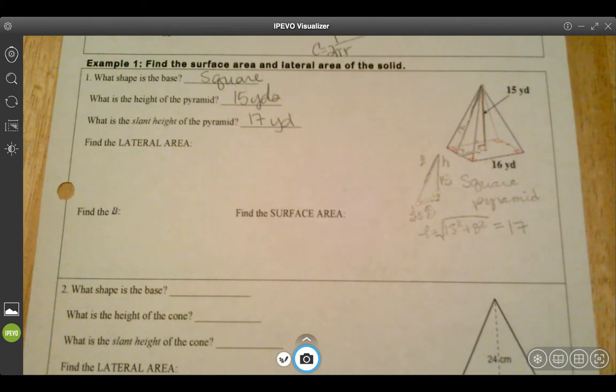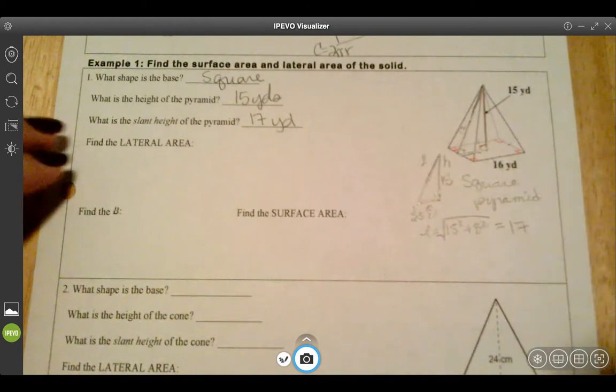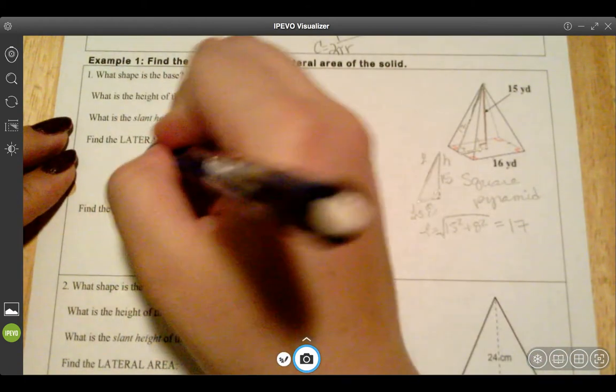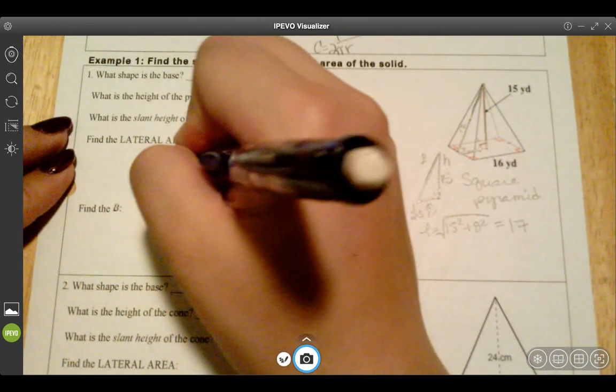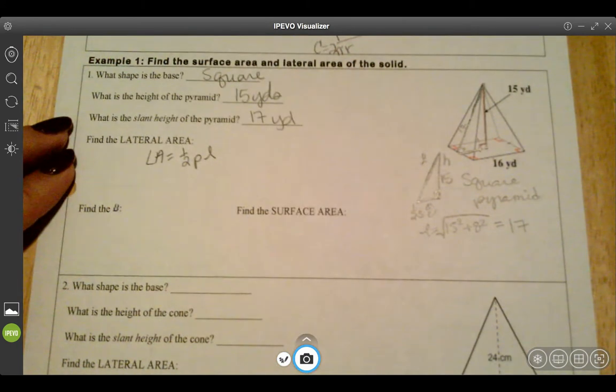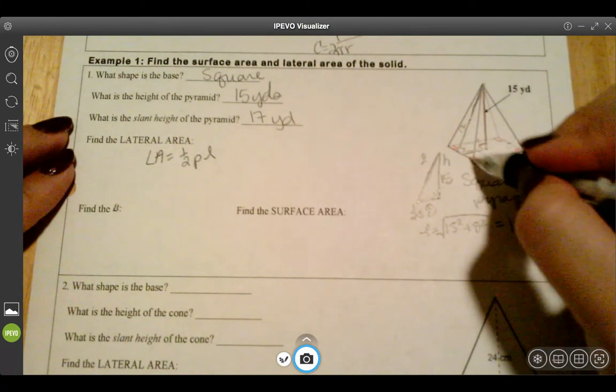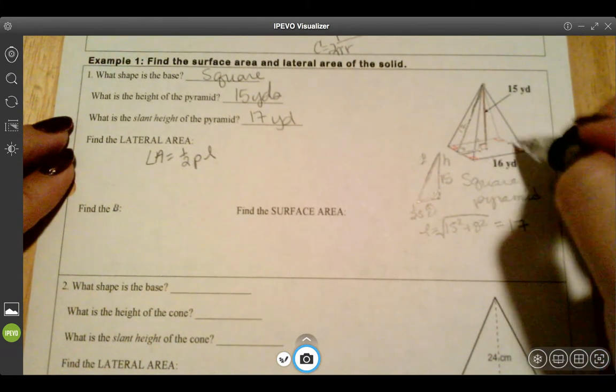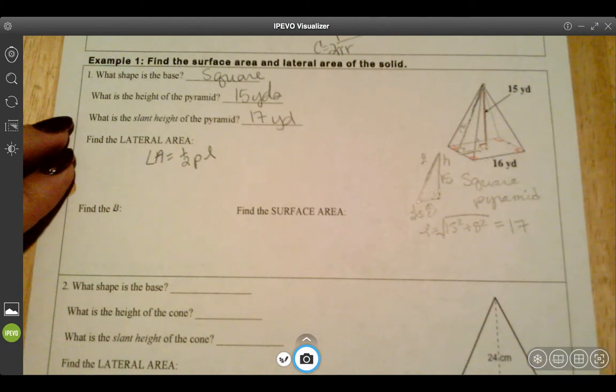Okay, so now we want to find the lateral area. Well, remember, this is dealing with triangles. So lateral area equals 1/2 perimeter times slant height. It's 1/2 base times height for each triangle. Just like we were seeing with our polygons, the perimeter represents the added bases. We go all the way around, adding up all the bases.